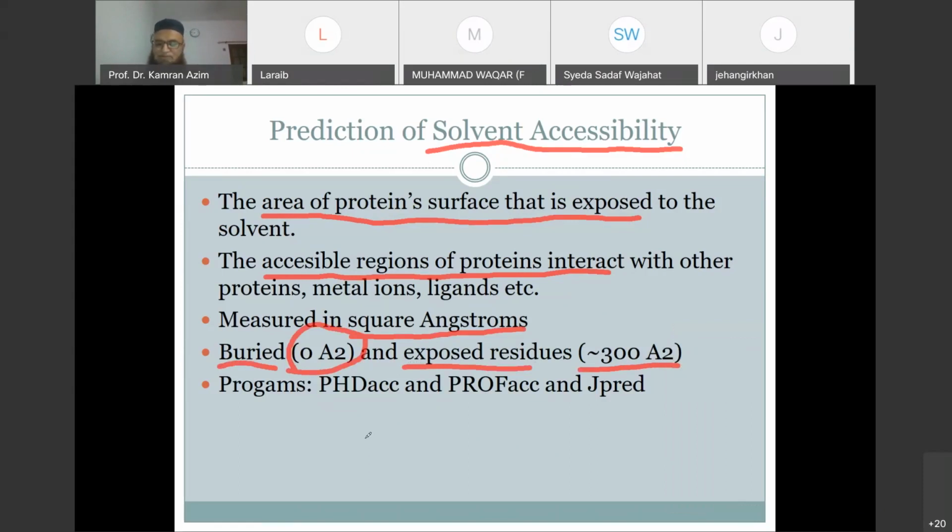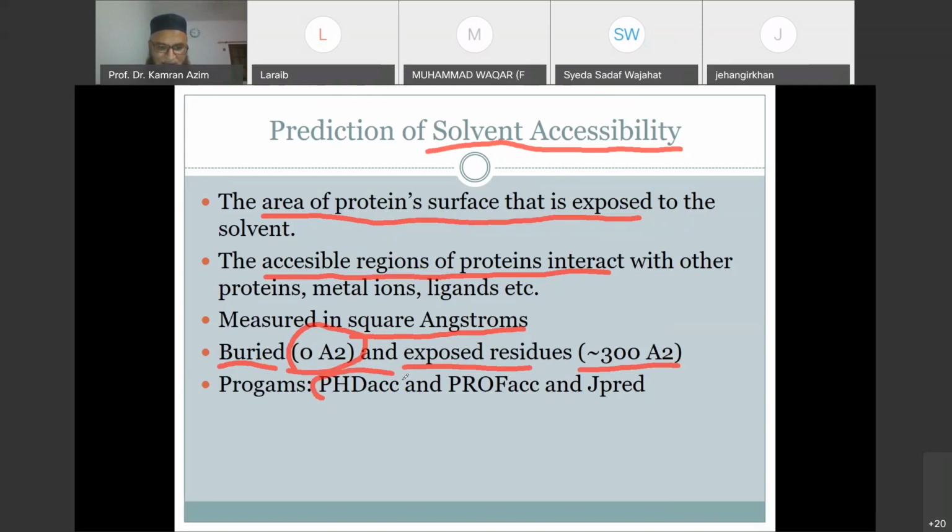There are several programs for solvent accessibility prediction. These programs only need the protein sequence, and they will provide which areas in the sequence would be solvent exposed and which would not.